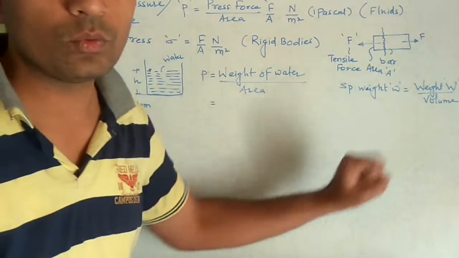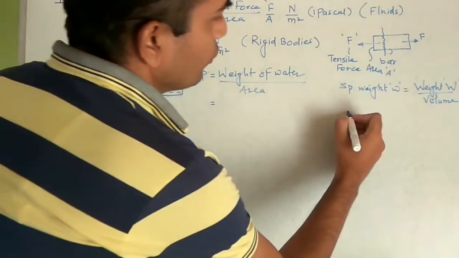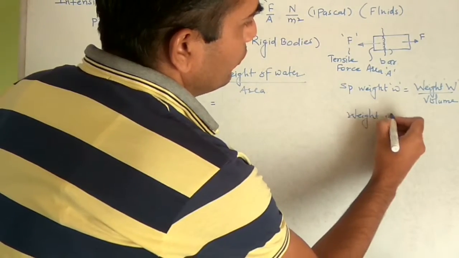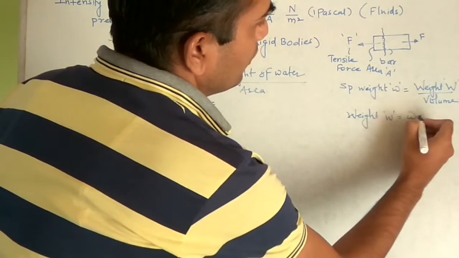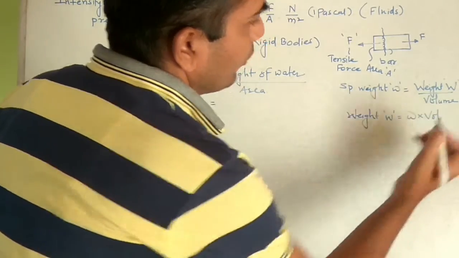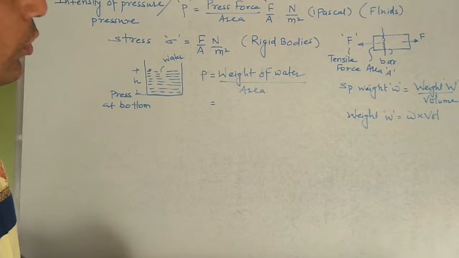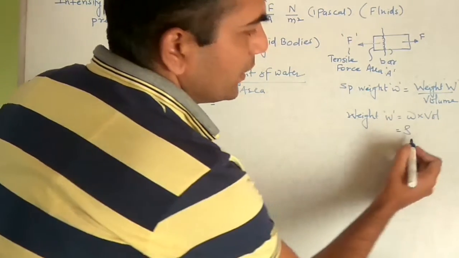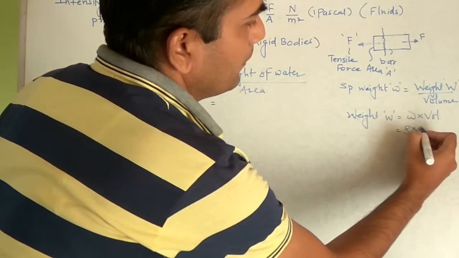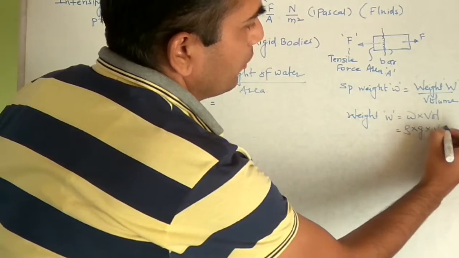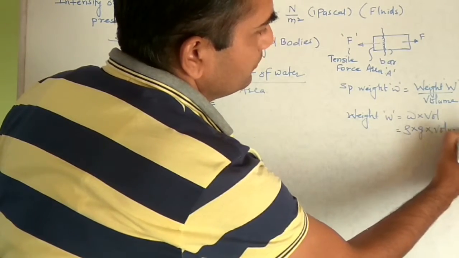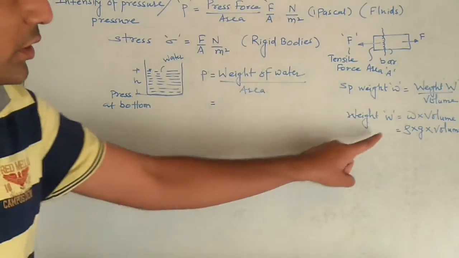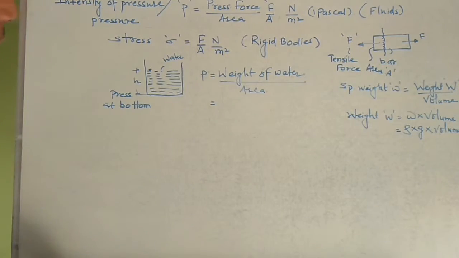Specific weight is equal to weight divided by volume. So weight W is equal to small w multiplied by volume. Small w we may also write as density rho multiplied by g multiplied by volume. So this is the formula to calculate the weight.